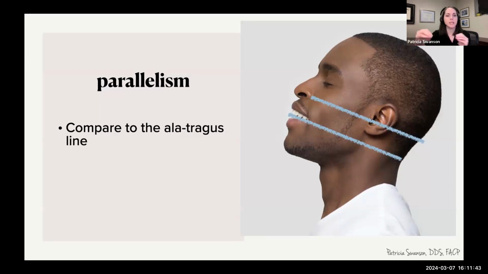Is it the bottom of the tragus? Is it the middle of the tragus? I have gone on a deep dive on this. I have found literature articles that cite each one individually. So I use a little bit of discretion here based upon the patient's individual nose and ear anatomy. But the most important thing you want to remember is to stay parallel to or slightly higher than this line.